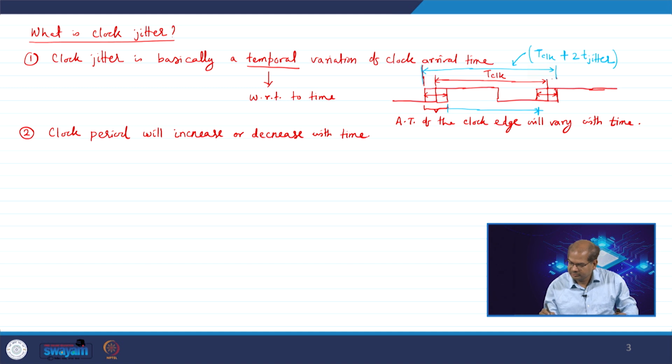The minimum time period is basically T clock minus 2 T jitter.